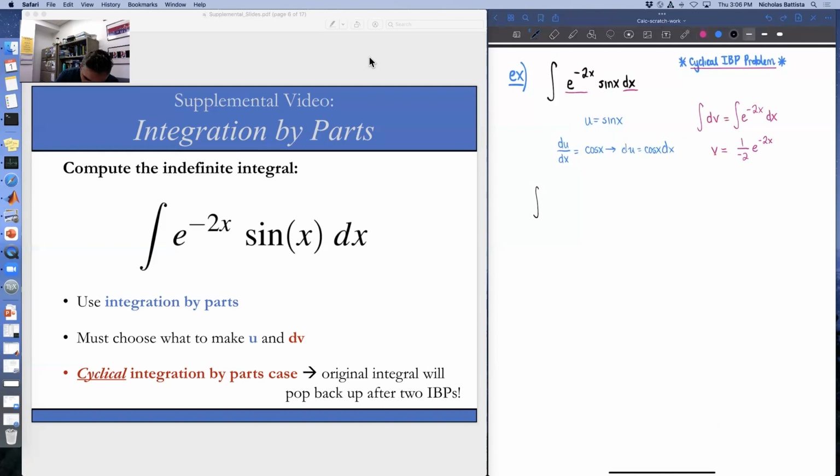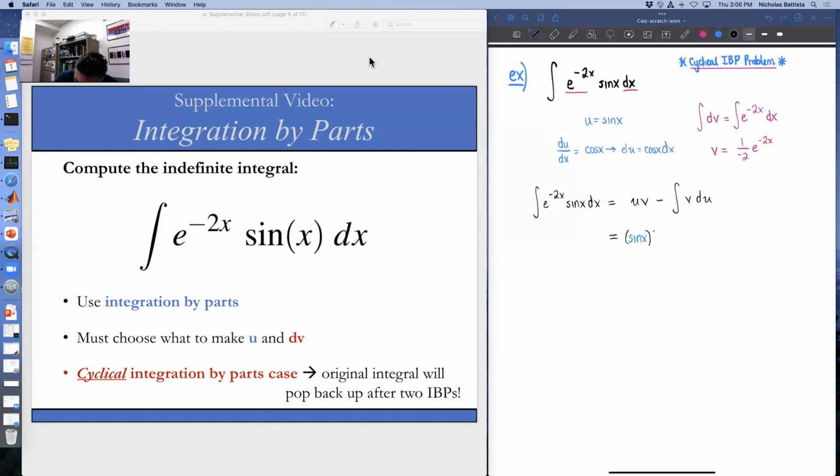And just for the sake of this problem, remember, whenever we do a step of integration by parts, it's always going to be equal to the original integral. So I'm just going to write down our formula, uv minus integral of v du, with our original integral on that left-hand side. So let's plug in those characters now. Plugging in u, we have that sine of x.